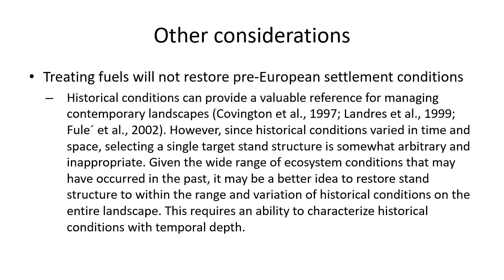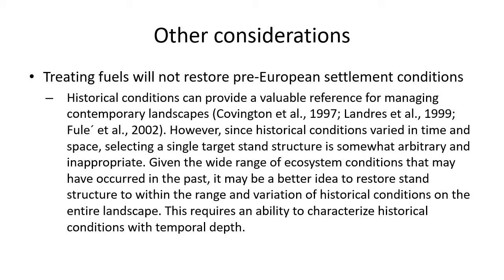Another point is that fuel hazard reduction treatments aren't necessarily going to restore pre-European forest conditions, especially if our primary focus is just on these metrics of torching and active crown fire potential.